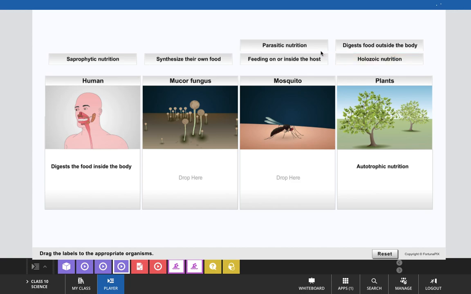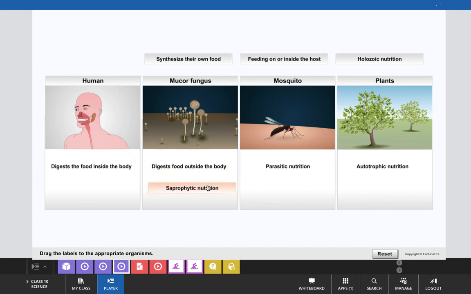Excellent. Parasitic nutrition, that we can select here. Excellent. Digest food outside the body. This is the characteristic feature of fungi. Excellent. Saprophytic nutrition, again in case of mucor or fungus.